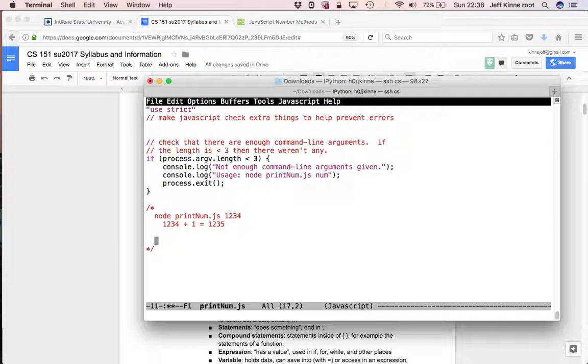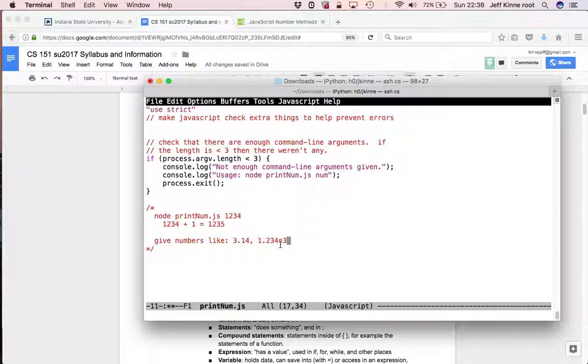We could also give numbers like 3.14 or scientific notation. Instead of 1234, we could do 1.234 times 10 to the third power.